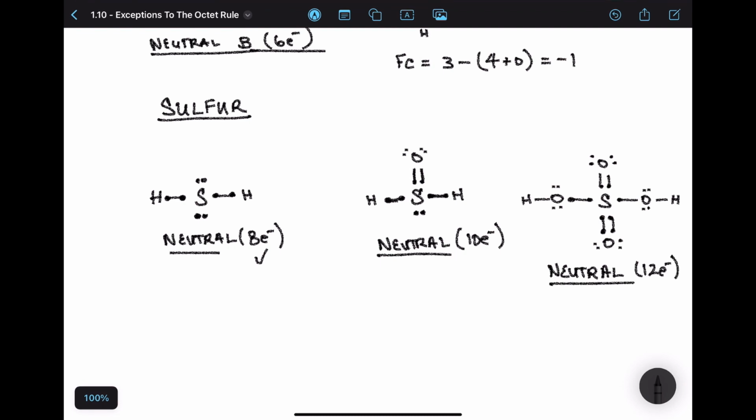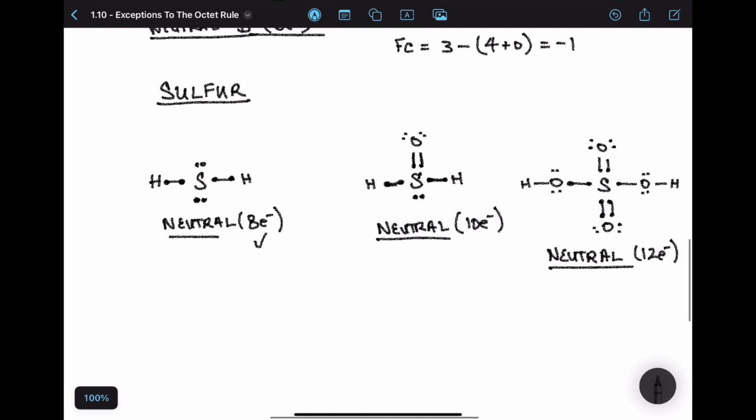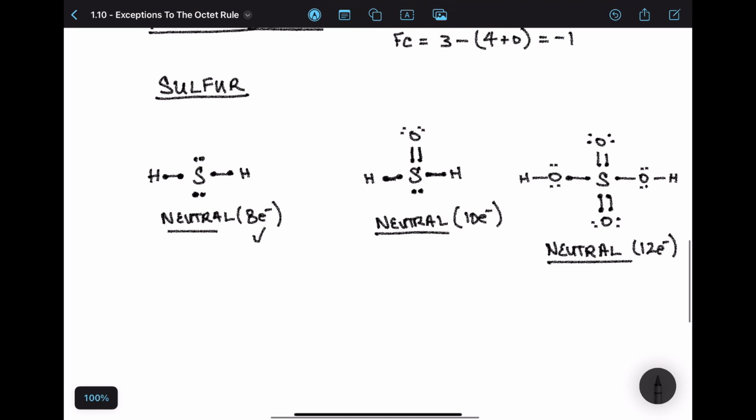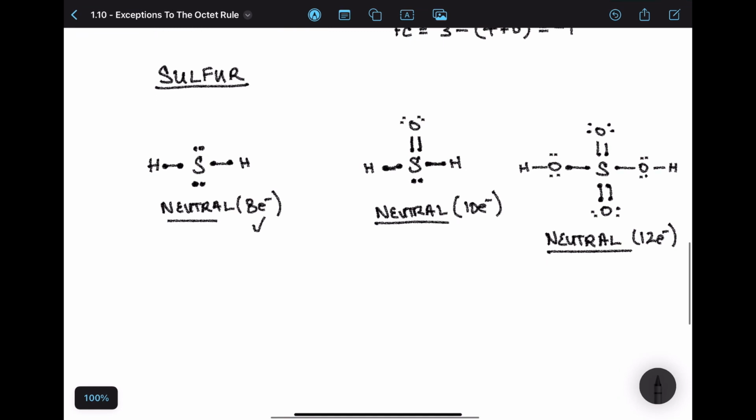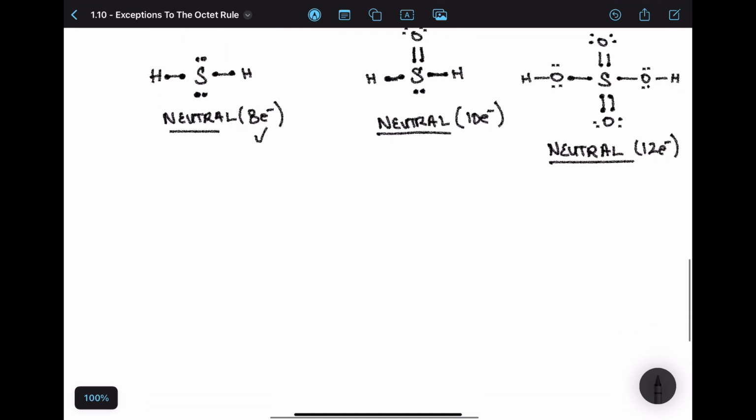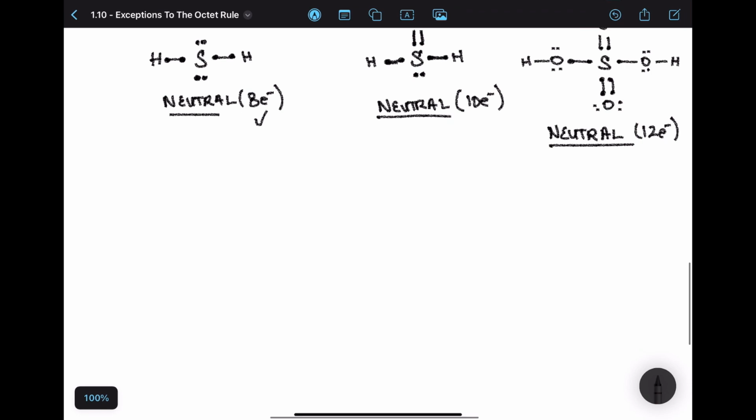And it's also neutral, right? And so the reason that is, again, is because we're starting with sulfur, which has empty d orbitals, and so it can accommodate more electrons. Now, the third exception to the octet rule is going to be phosphorus.